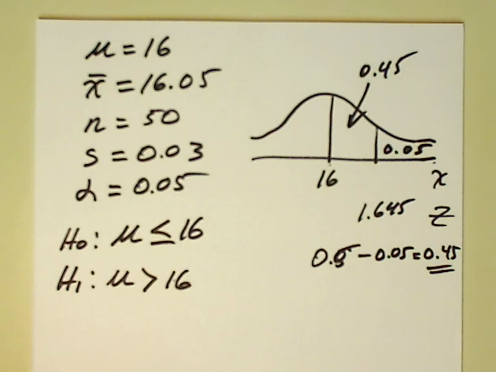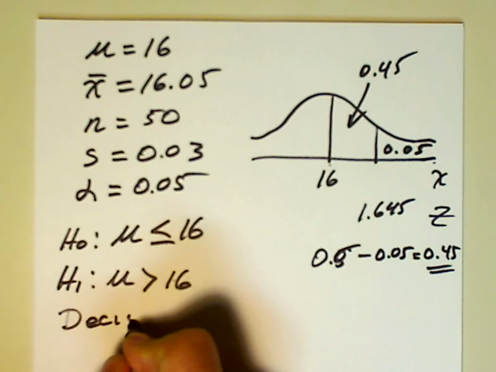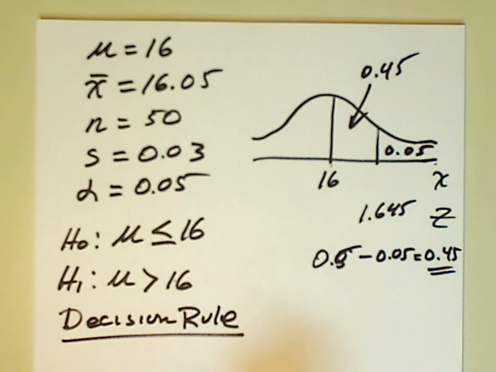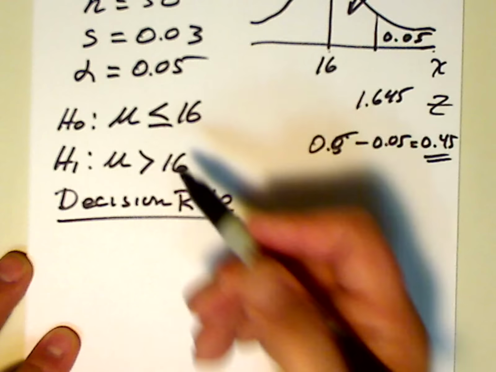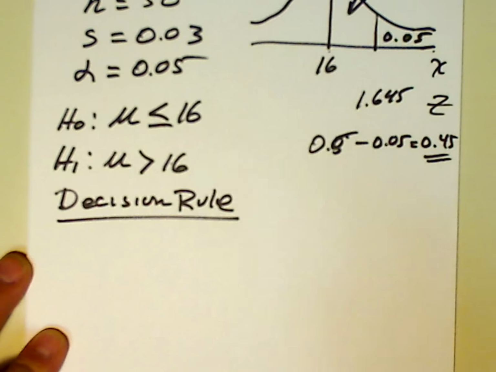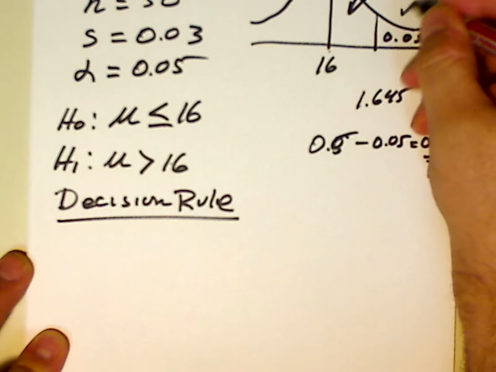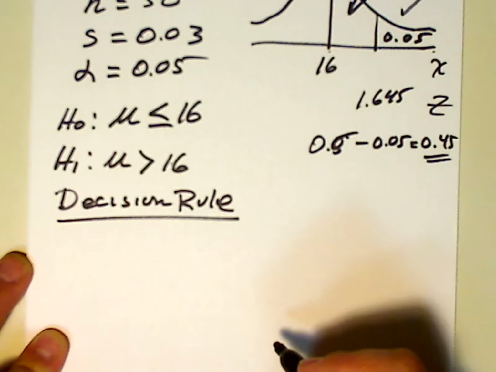Okay, so we've listed the important information. We've drawn a picture, determined the critical values, and written out the null and alternate hypotheses. Now we're going to form a decision rule. That decision rule tells us under what conditions we're going to reject the null hypothesis. We're going to reject the null hypothesis H naught if our test statistic, Z or T, falls to the right of 1.645.